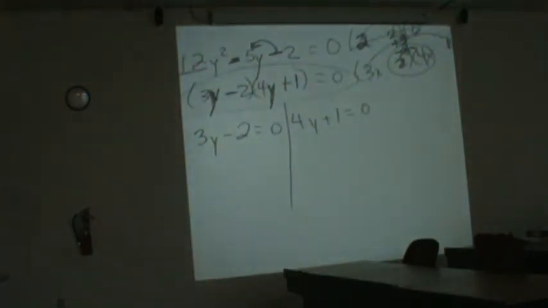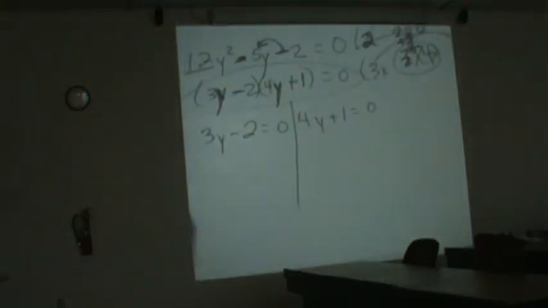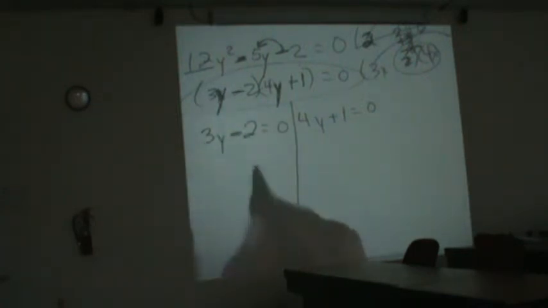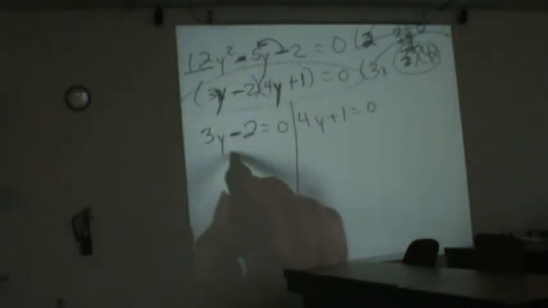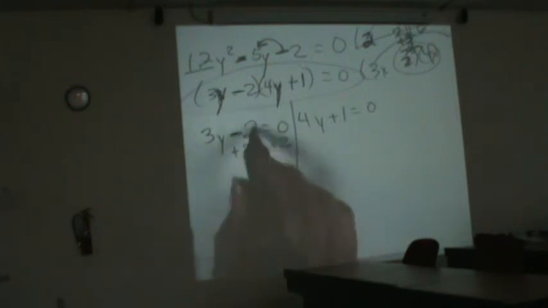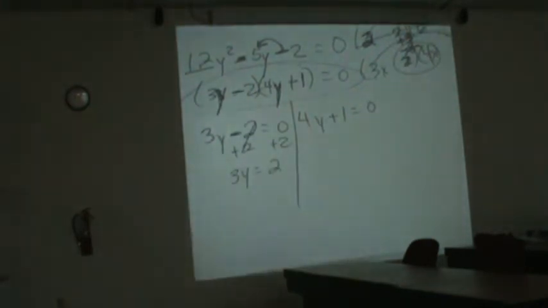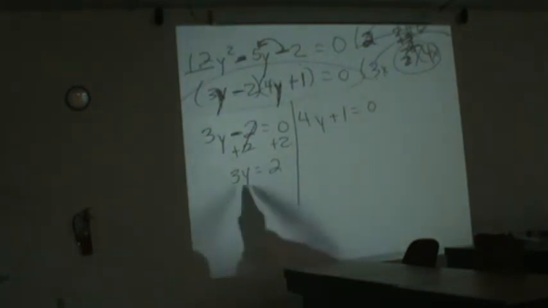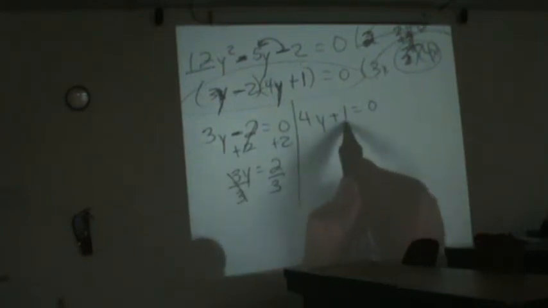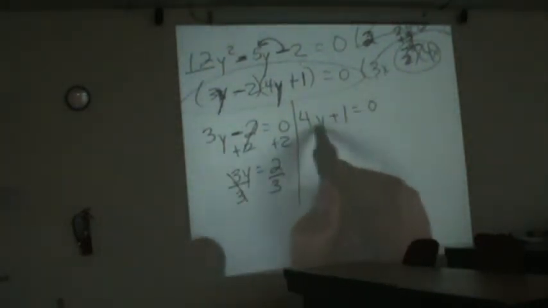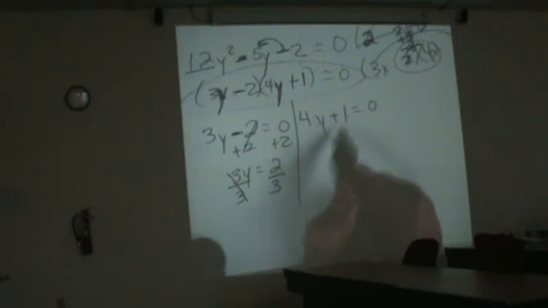Okay. So first thing you do when you're solving, you have to do the plus or minus, right? Minus 2, we're going to add 2. So we have 3y equals 2. Then what do we do next? Divide by 3. This one, first thing you do, subtract 1 from both sides.